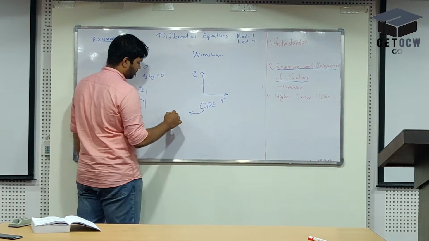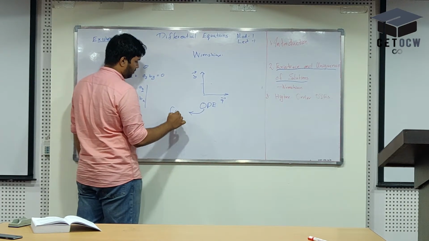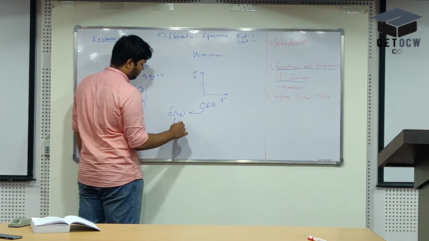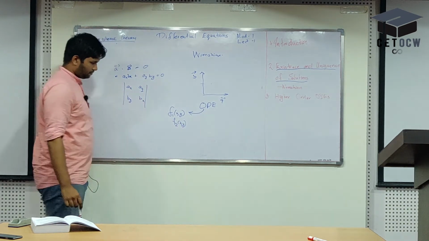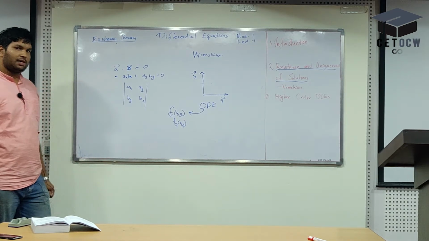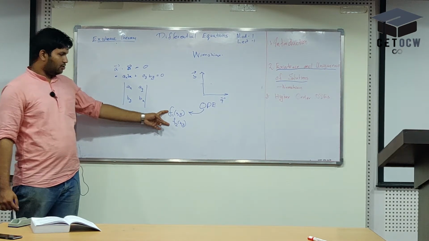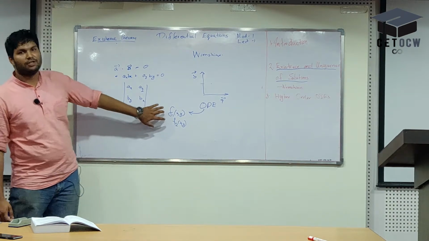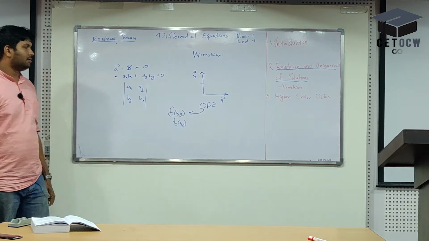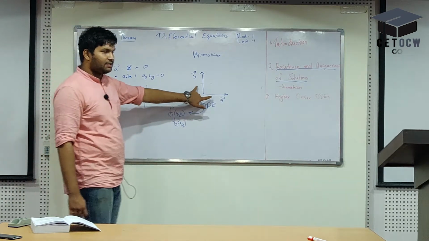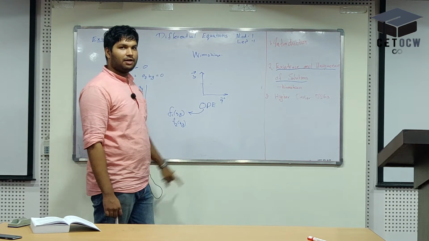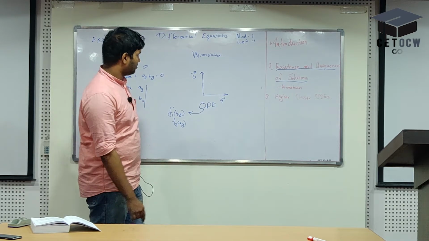If you found two solutions, f1 of x comma y and another solution f2 of x comma y, how do you establish that these two functions are not dependent functions? That is, let's say there are two vectors in the x and y plane and they are perpendicular to each other.